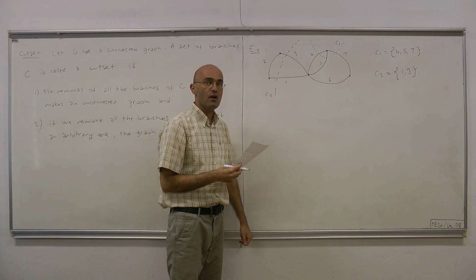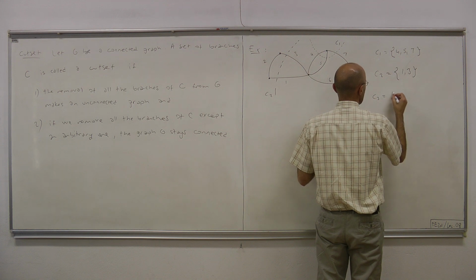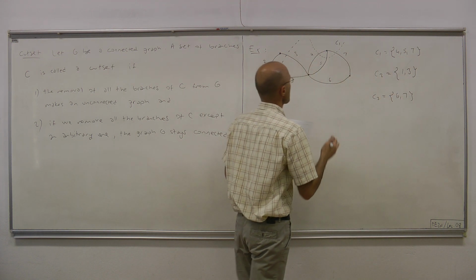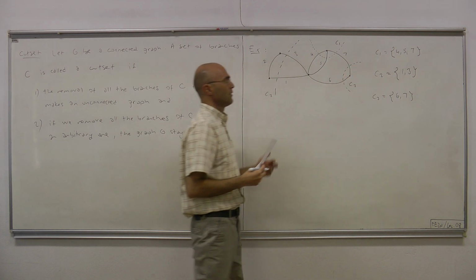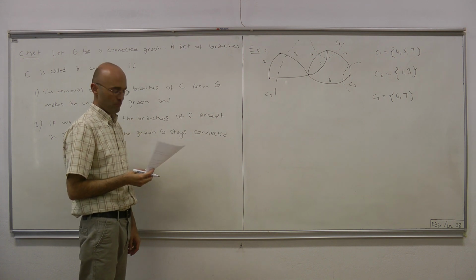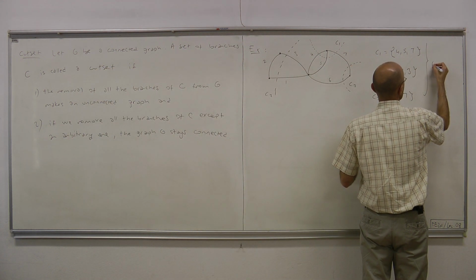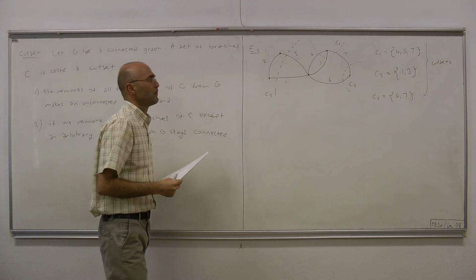It's easy to see why. Just apply the definition. And C3, another example, is 6, 7. So these are all cut sets, and you can easily come up with more examples.